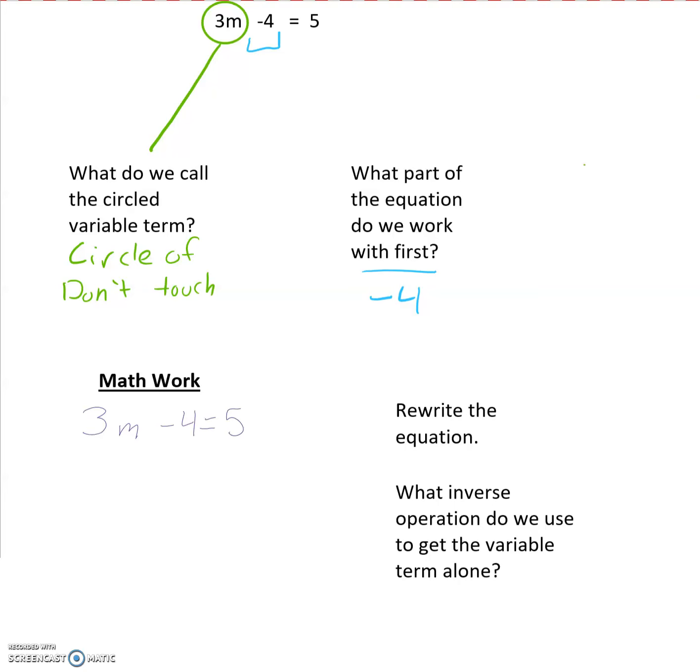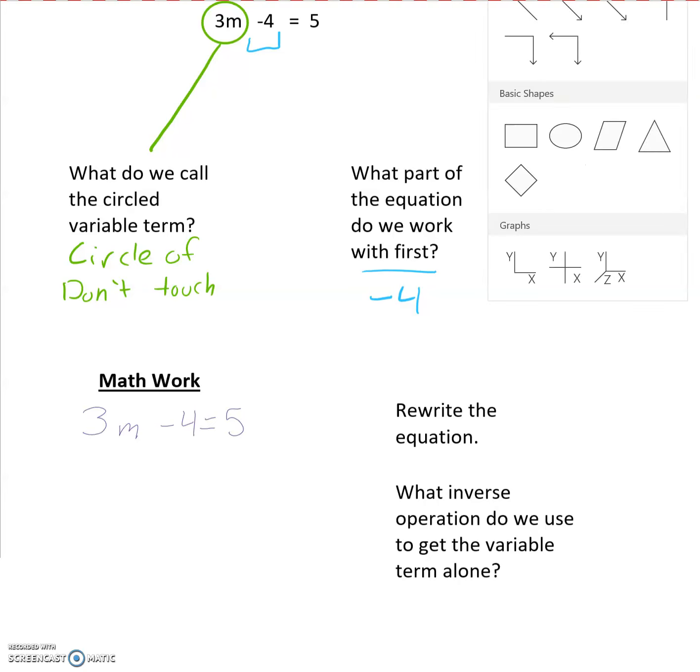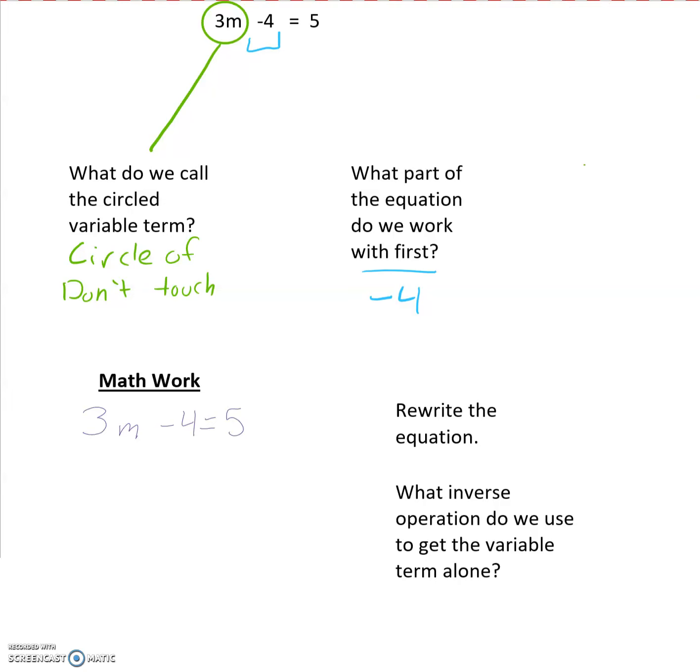3m minus 4 equals 5. I'm going to remind myself that I'm not going to touch this 3m. Circle of don't touch. Now let's think. What inverse operation can we use to eliminate this -4? We're trying to eliminate this -4.